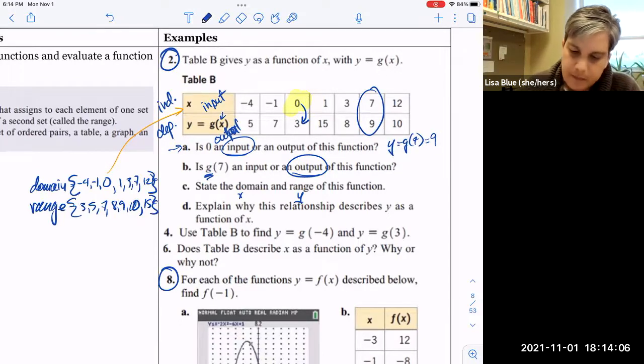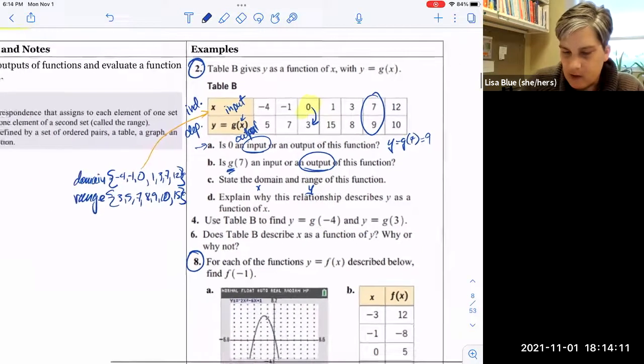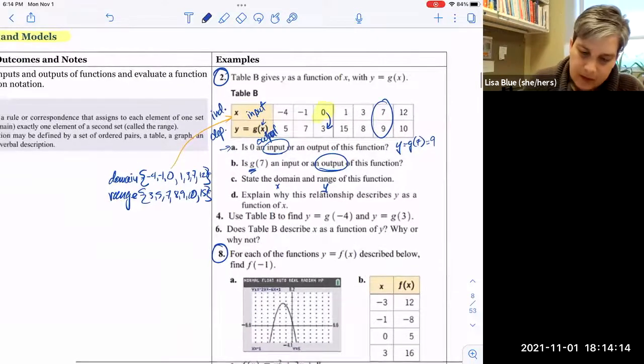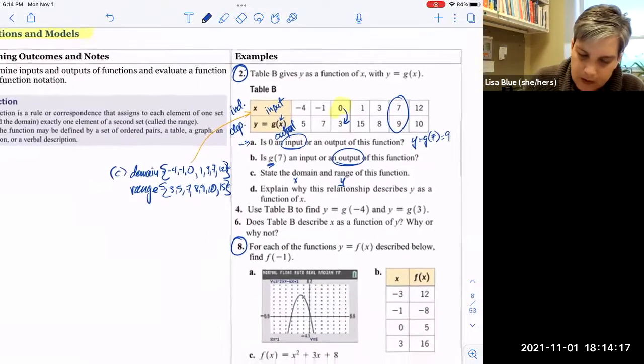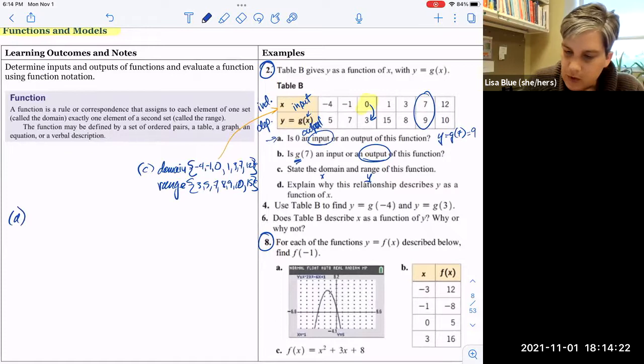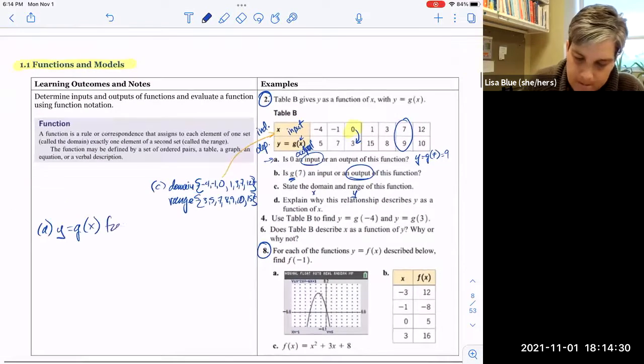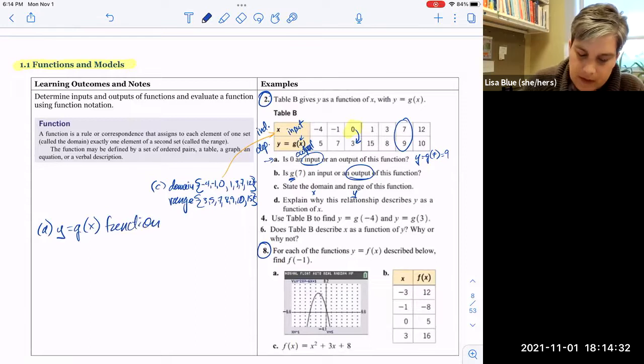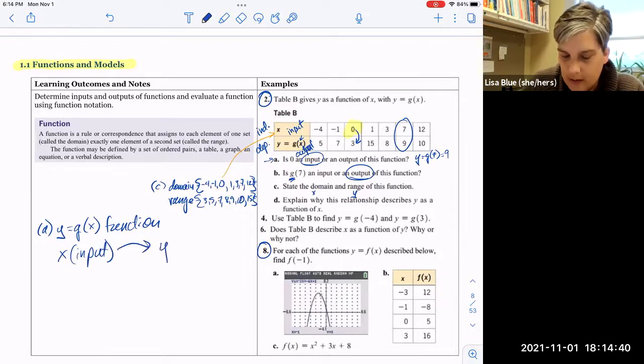All right. And then explain why this relationship describes y as a function of x, okay? And so this is part C. And then part D, why this relationship describes y as a function of x. Well, y is equal to g of x. That's our function notation. But then also we see that for every x input, it's going to map to 1 y output.